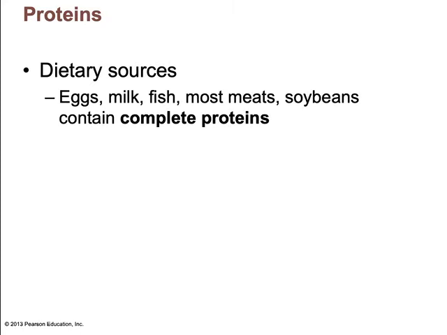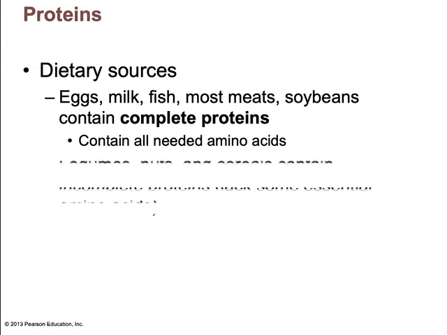So dietary sources are meat and dairy, okay? There are proteins in vegetables, but you have to be careful about the vegetables that you eat, right? You have to mix and match, for instance, grains and legumes in order to get what we call complete protein, which is all of the essential and non-essential amino acids.